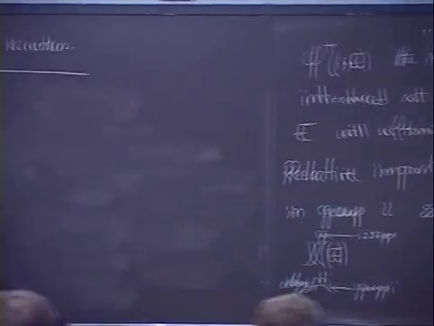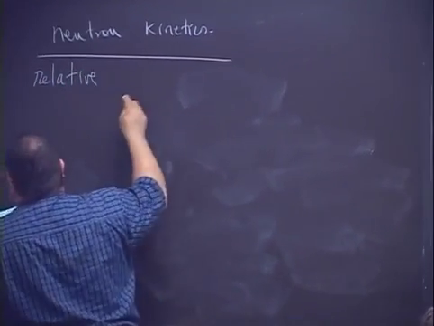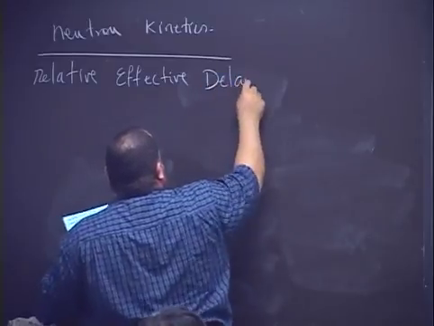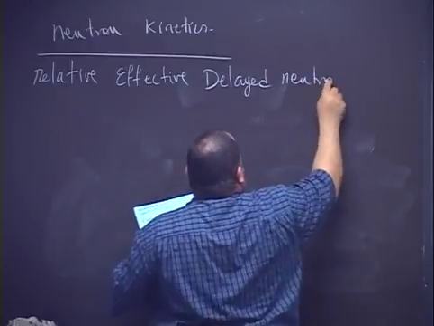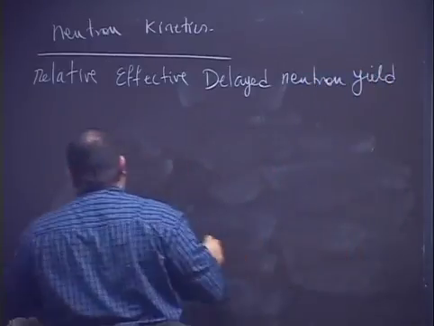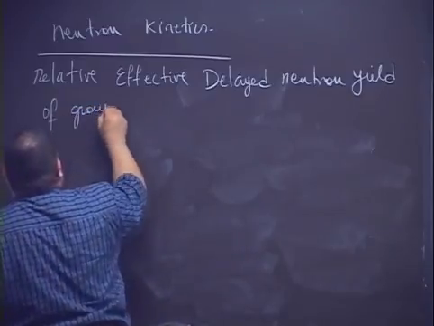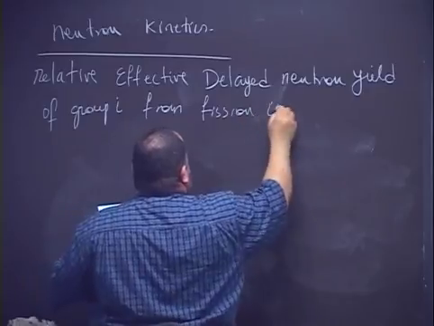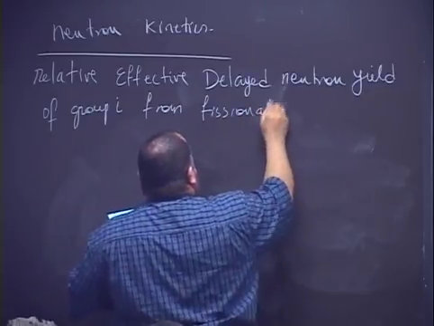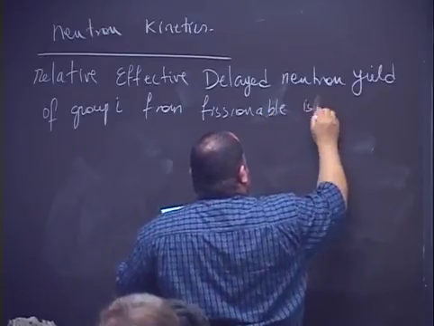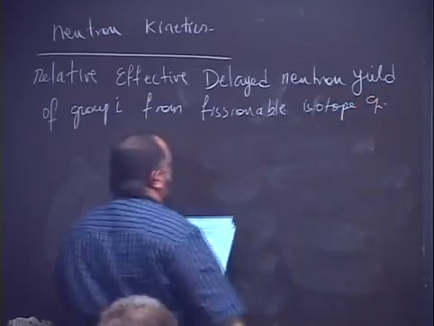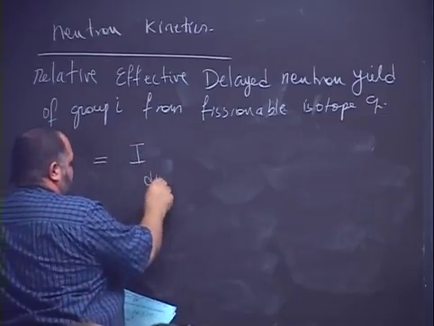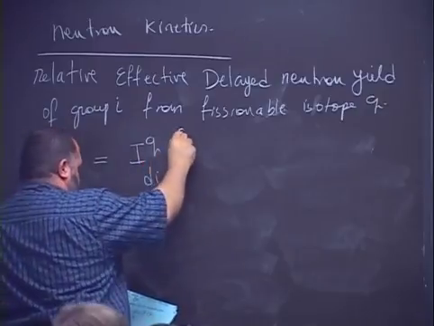So we can define the relative effective delayed neutron yield of group i from fission of fissionable isotope Q. So the relative importance will be just defined as I_DiQ multiplied by beta_iQ.